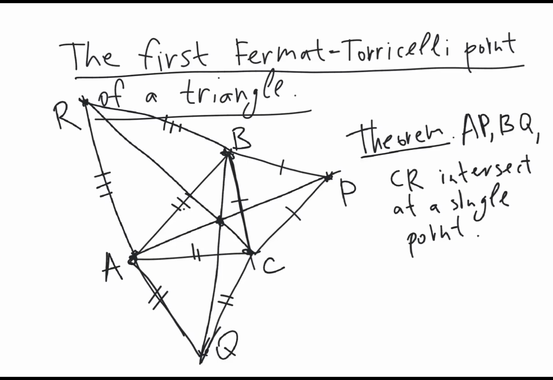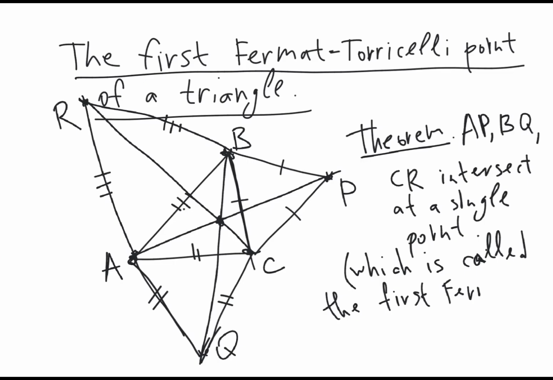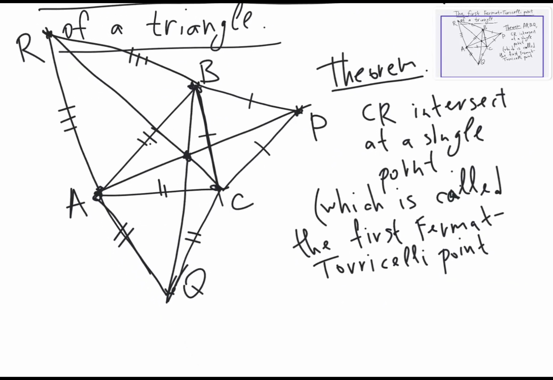Let's put it in brackets, which is called the first Fermat-Torricelli point of the triangle ABC.